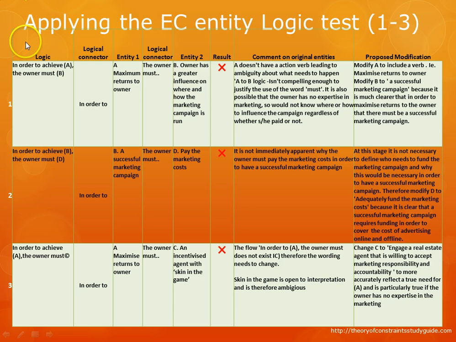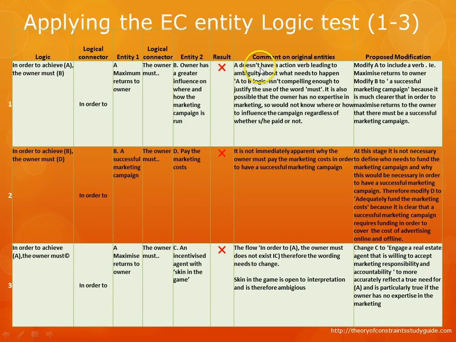So what you have here is a slide that identifies down the page the different tests, 1, 2, 3 and so on. Across the top we describe the logic, the connectors that define the relationship between entity 1 and entity 2, and whether the result of testing those relationships is positive or not.